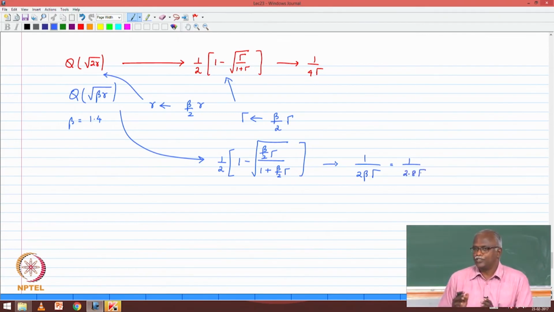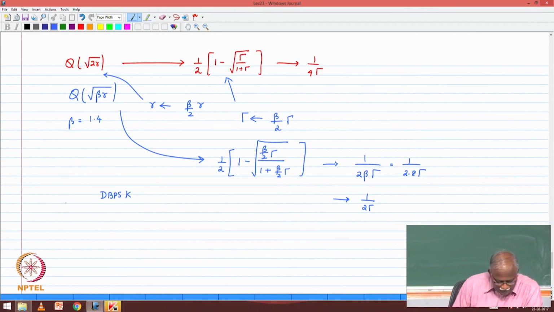It is not as good asymptotically. It will not touch the BPSK. It will always be shifted, slightly worse, but it's a very good modulation for us to work with. On the other hand, for dBPSK the asymptotic value is 1 over 2 gamma. Which means that dBPSK is slightly worse than GMSK, and so we can make the following statement, which I believe is correct under assumptions.